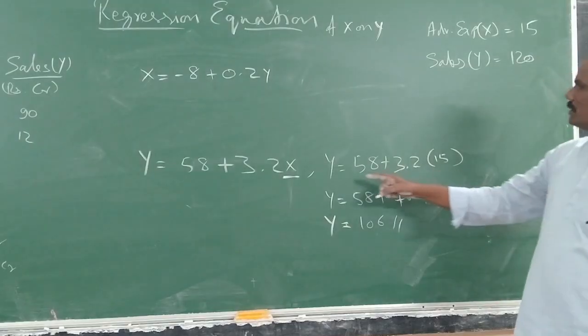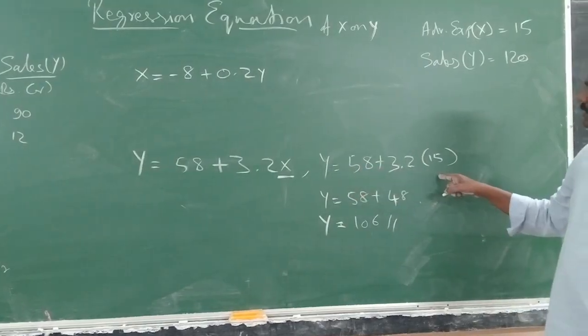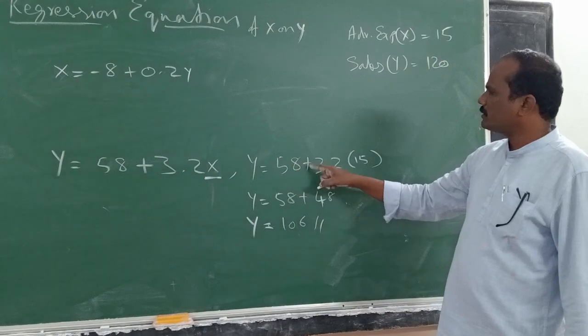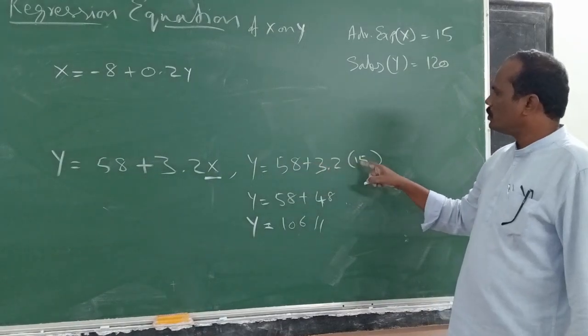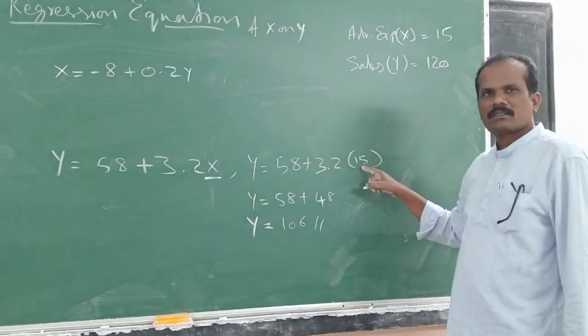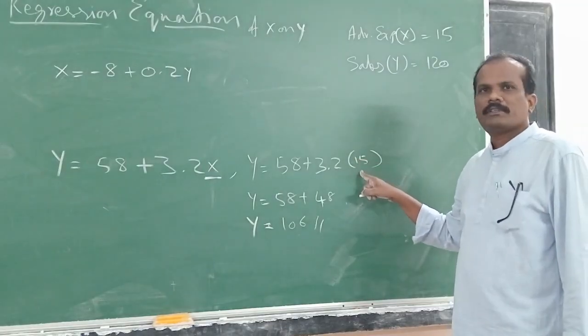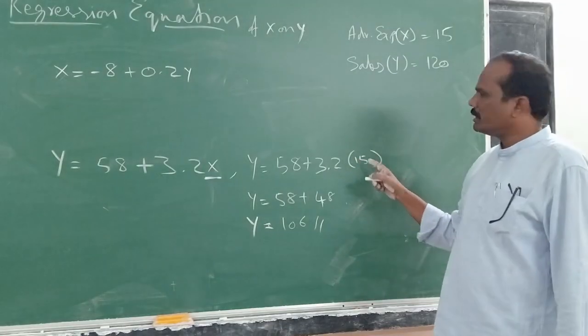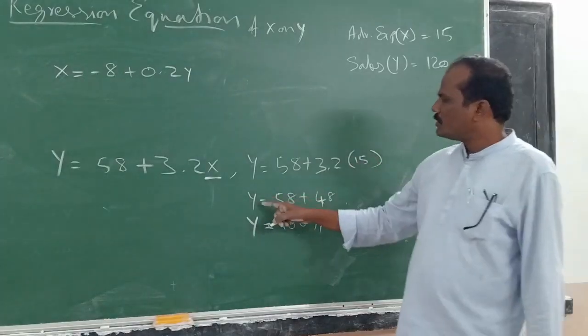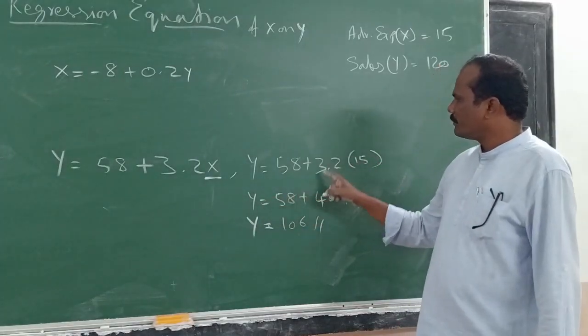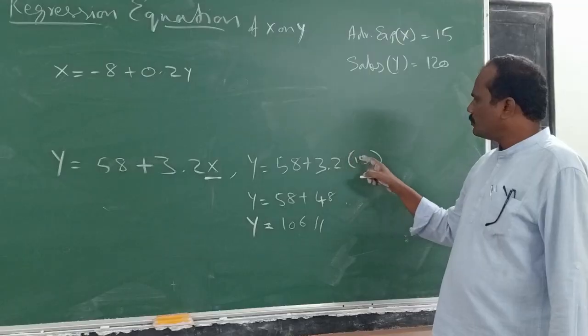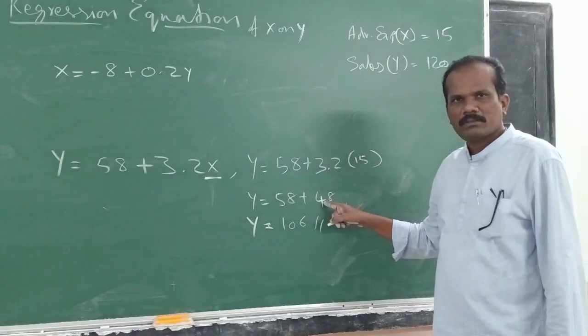Can you see? I have rewritten it like this: y is equal to 58 plus 3.2 into x. Instead of x, I have placed the value 15. Then we have to multiply. Y is equal to 58 plus 3.2 into 15, you will get 48.